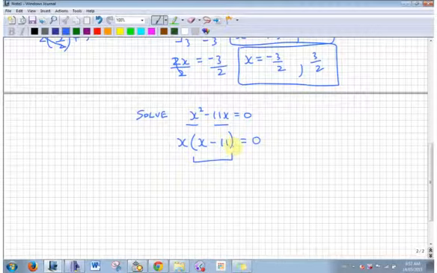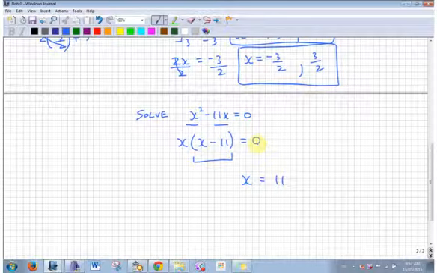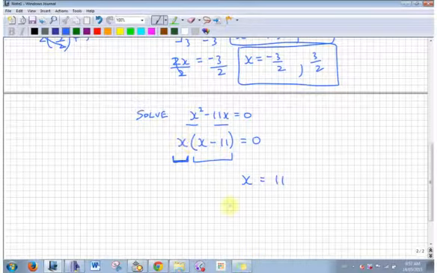When is that equal to 0? Right? And if that's 0, what's 0 times x? Still 0. 0 times anything is 0. It works. What value of x here is going to make that x a 0?